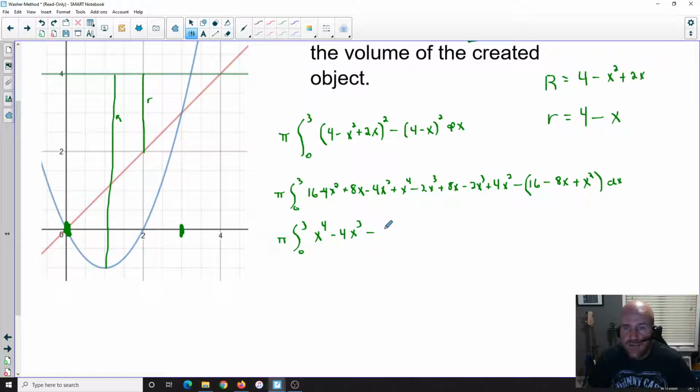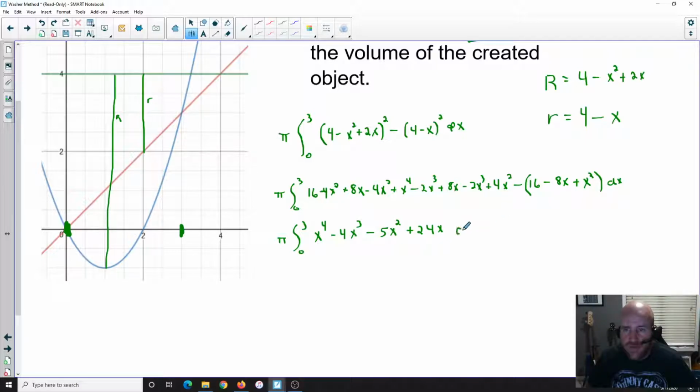So negative 5x squared. And then the x's, we have an 8 plus another 8, so that'd be 24. And then constants, 16 minus 16 is 0.